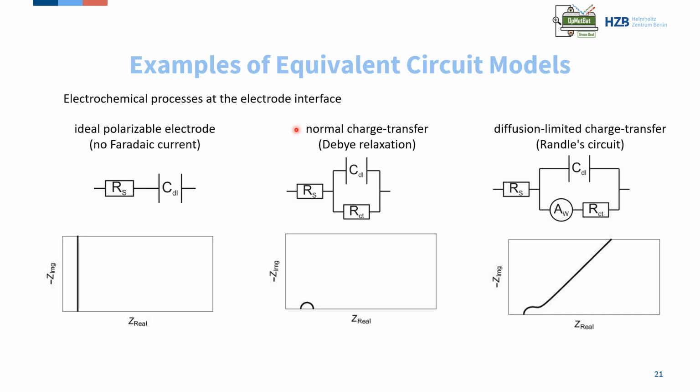For the case of charge transfer without diffusion, a characteristic semicircle results from the capacitor and the charge transfer resistance arranged in parallel, and the offset of this semicircle is the solution resistance. For the case of charge transfer limited by diffusion, the semicircle will also have a tail of a characteristic slope, proportional to the value of the Warburg coefficient.